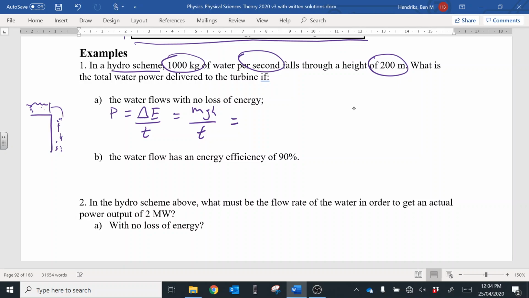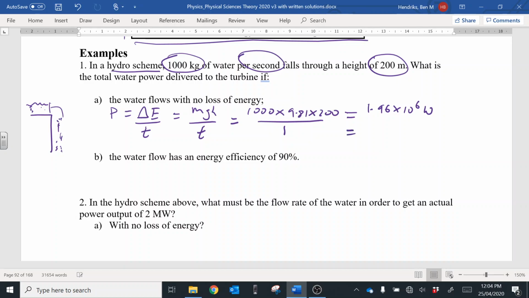So we've got 1,000 kilos times 9.81 times 200 over 1 second, so it's per second, and you could leave it as a t if you wanted to. When you work this out, it's 1.96 times 10 to the 6 watts, or joules per second.